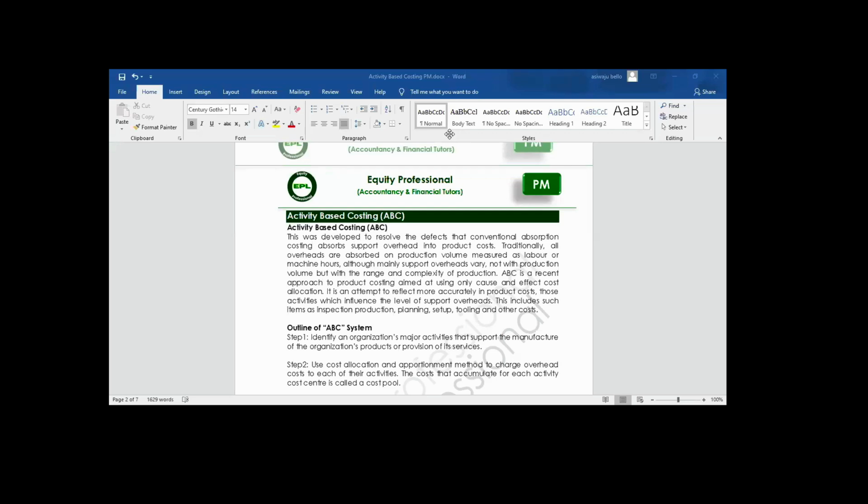And that is what gives rise to the development of activity-based costing.